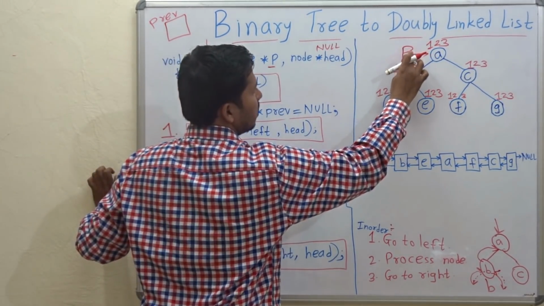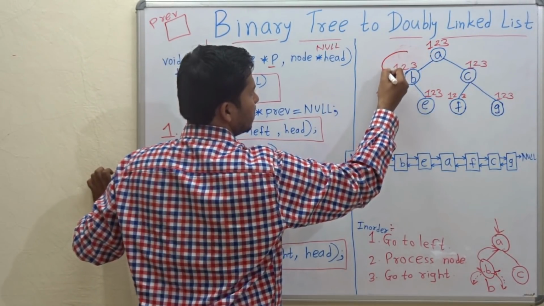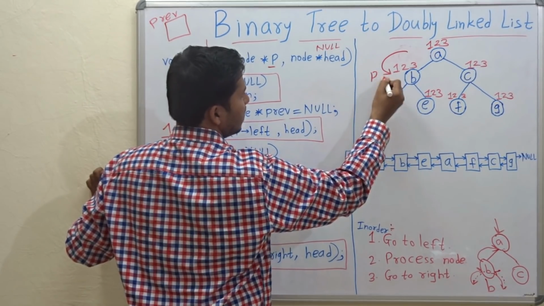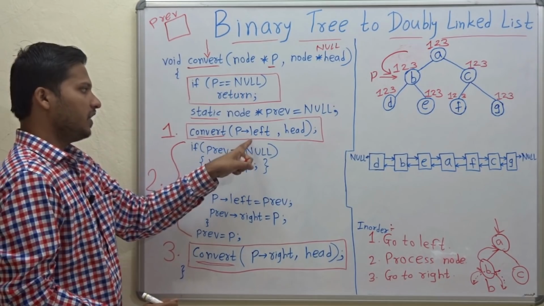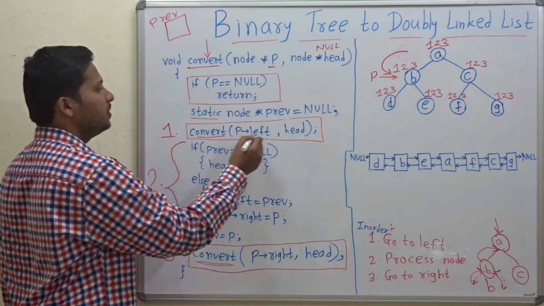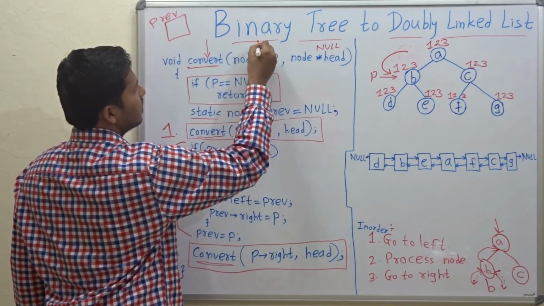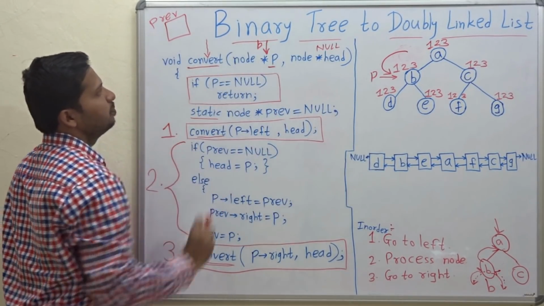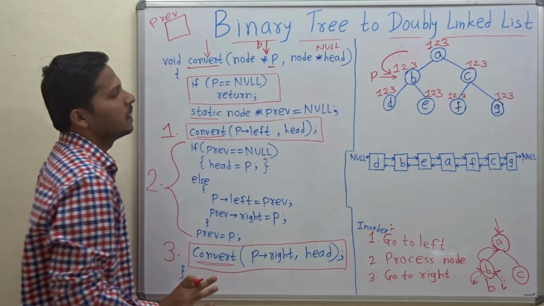So now p will go to the left of A. Now p will point to B, because from here we have passed the left node of p as a parameter. So now the address of B comes here, and head is null, so again null comes here.